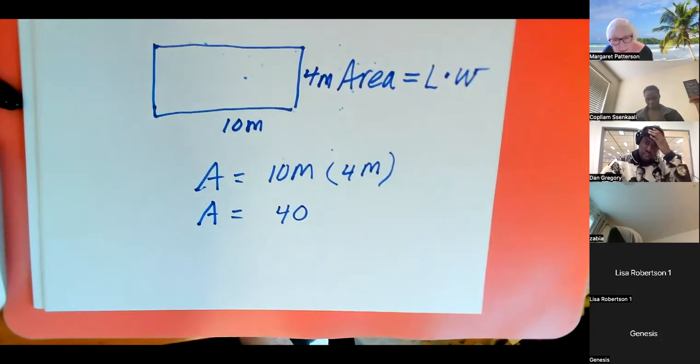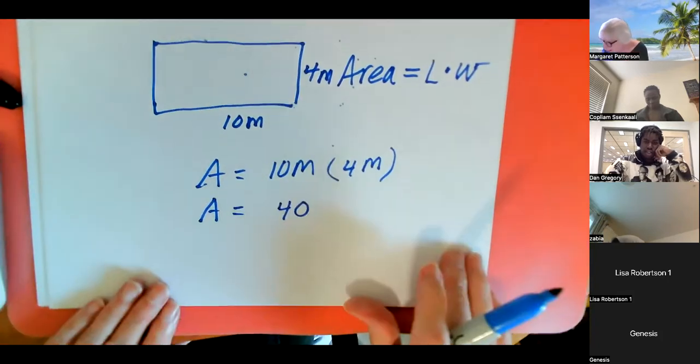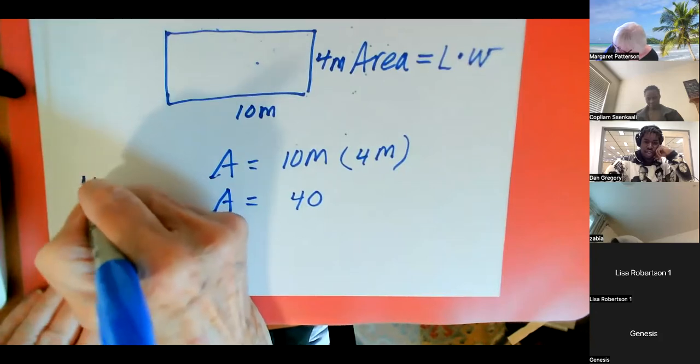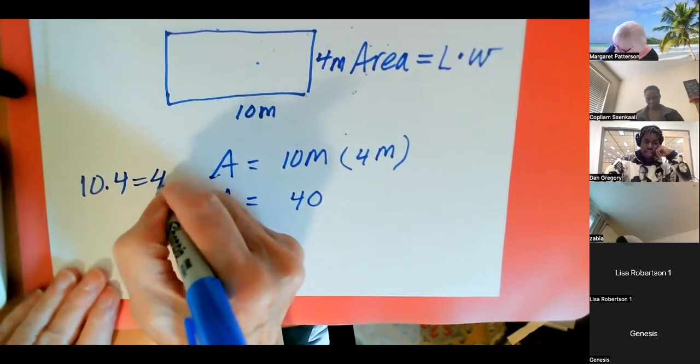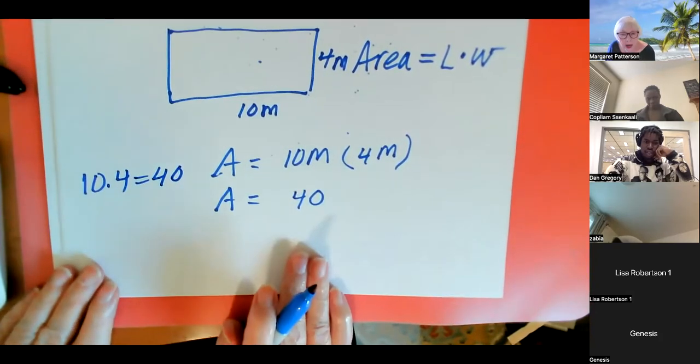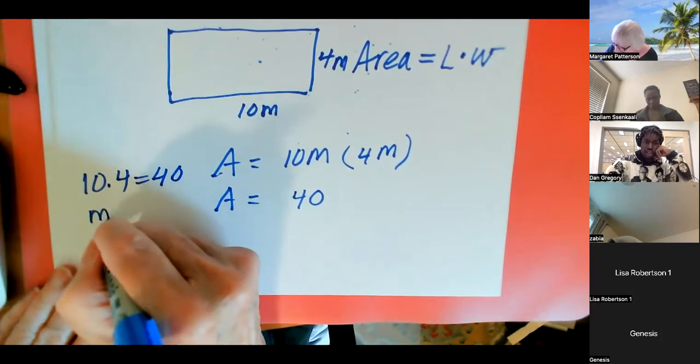Now, what do you think happens with the meter? It stays. Actually, interestingly enough, we multiplied 10 times 4 and we got 40. Everybody agree? Yes.